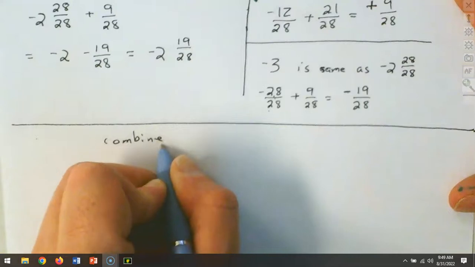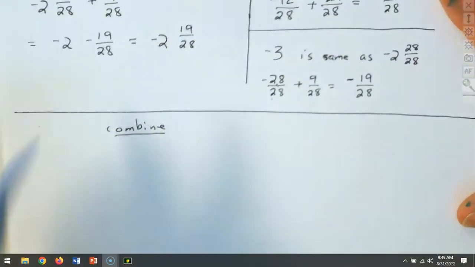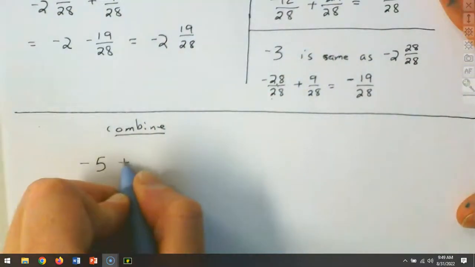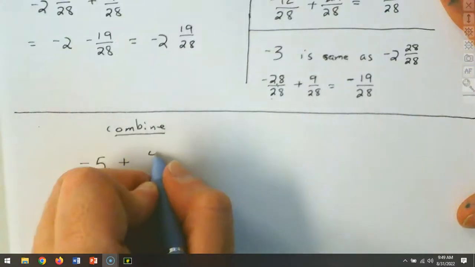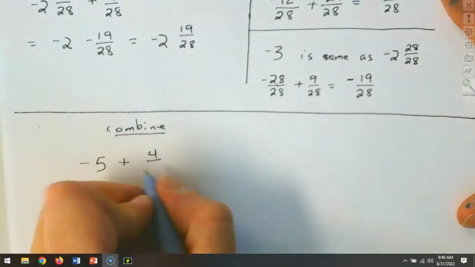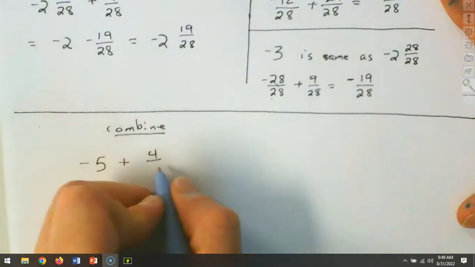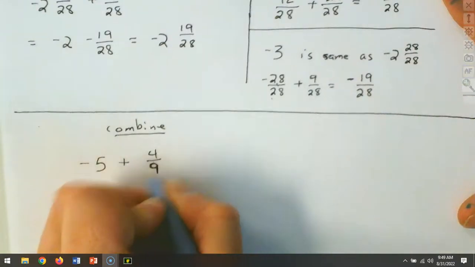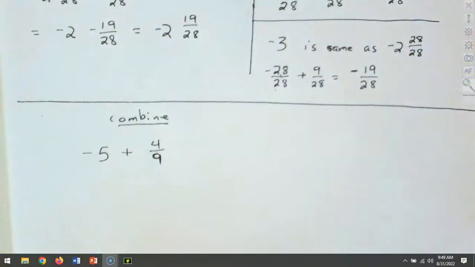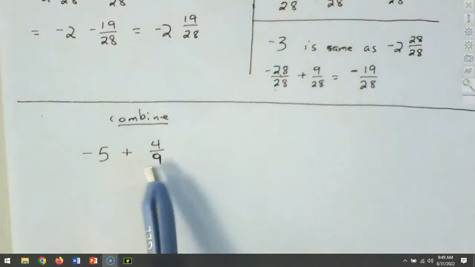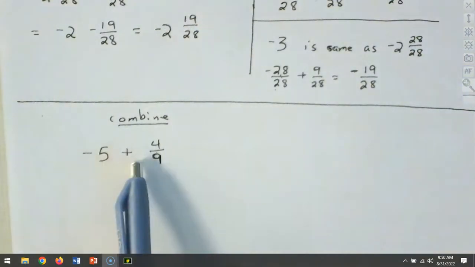We're going to go ahead and combine these together, so add or subtract. So let's say I just give you a minus 5 plus 4/9. These cannot just be added together, can they? These can't be put together. Why not? Because they're different signs.